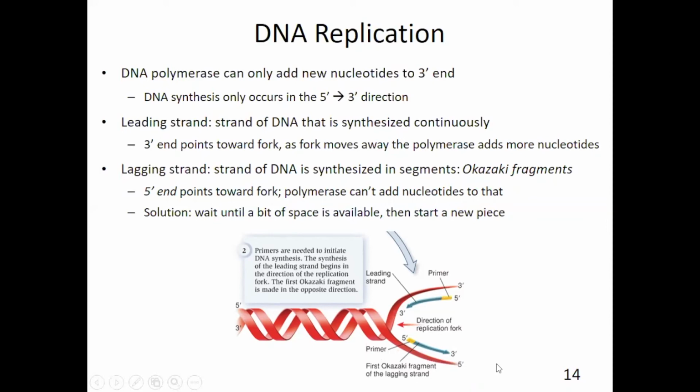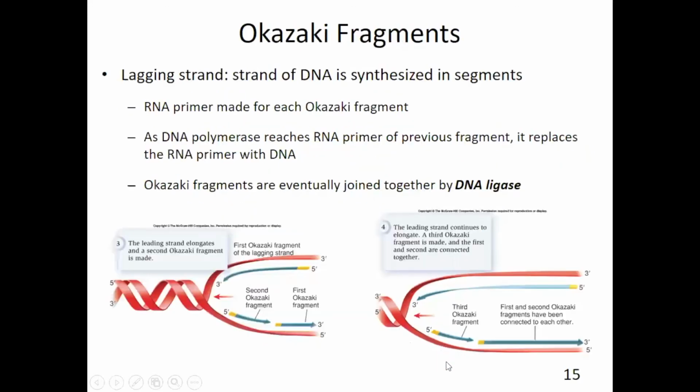This will become an issue because the DNA is opening up in the leftward direction. So as the top daughter strand is synthesized continually, this bottom strand will end up being synthesized in pieces.